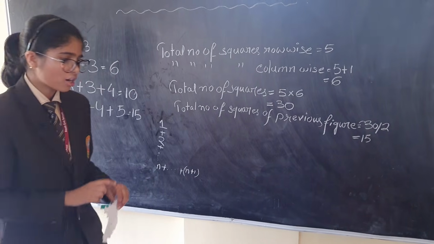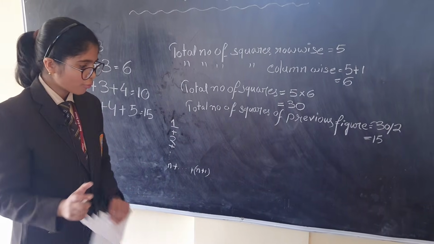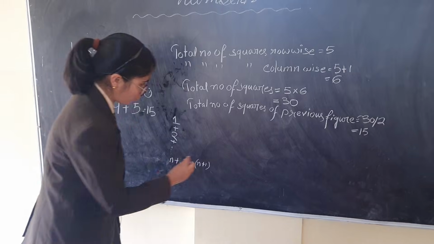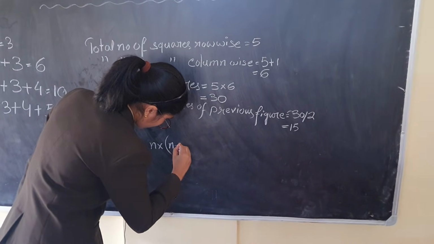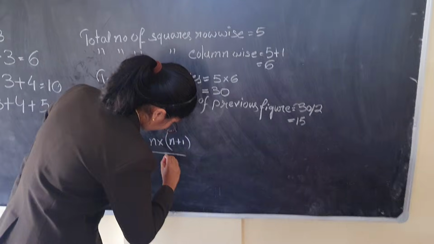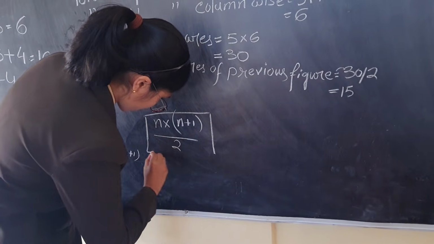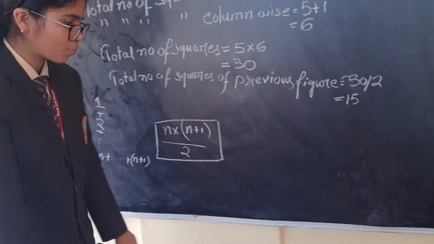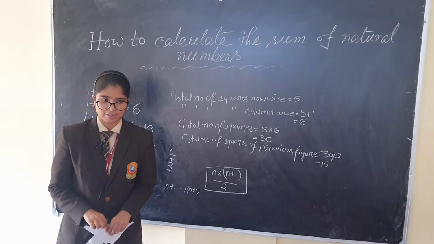So the total number of squares will be n into n plus 1, and the sum will be n into n plus 1 by 2. By this formula, we can easily calculate the sum of numbers from 1 up to nth terms.